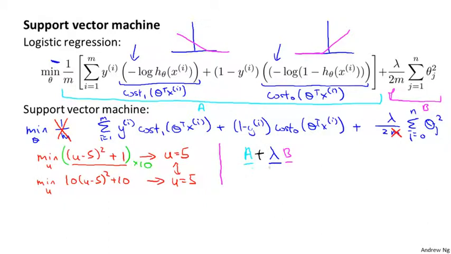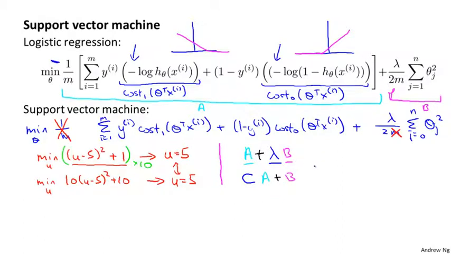Instead of lambda to control the relative weighting between the first and second terms, we use a parameter called C, and we minimize C times A plus B.